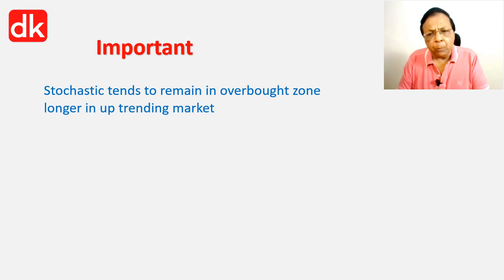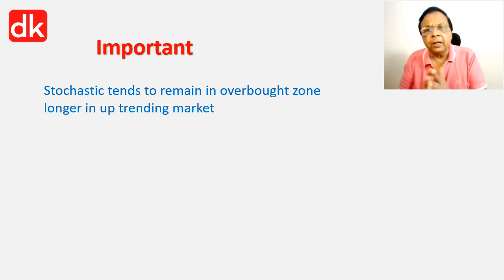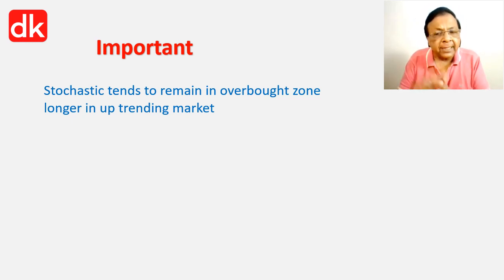The very important point is to understand that stochastic will always tend to remain in the overbought zone for a longer period of time if the market is trending up. It will happen when the market is in a strong trend in the markup phase.